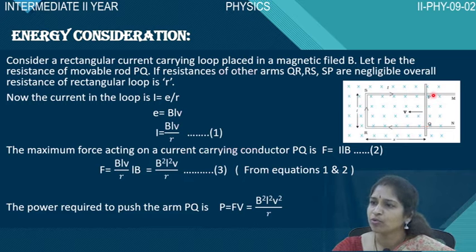The maximum force acting on this current carrying conductor is F equals ILB. This we have discussed in moving charges and magnetism. That equation I am using, it is equation number 2.